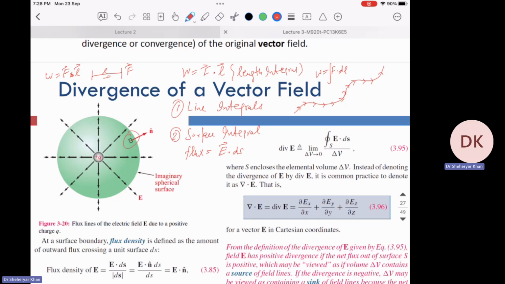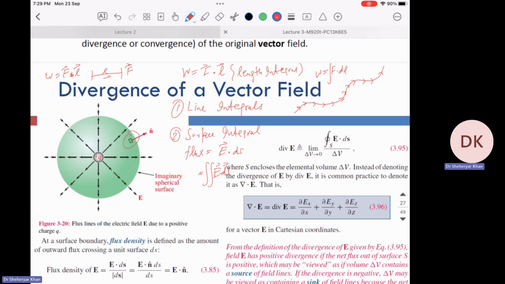Because this dS is small, we can use E dot dS by using a double integral. If it is rectangular, we use x and y. If it is a cylinder, we use two limits, r or phi or z, right? Remember, in our previous table, we discussed this. So we can use any of them to find out the flux.